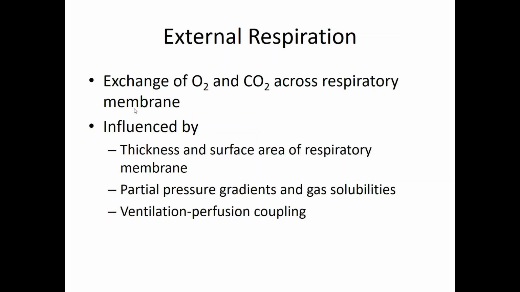So our first respiratory process is going to be exchange between that alveolar gas and the blood, bringing in oxygen, dropping off carbon dioxide and water vapor. Now there's a lot of things going on here.